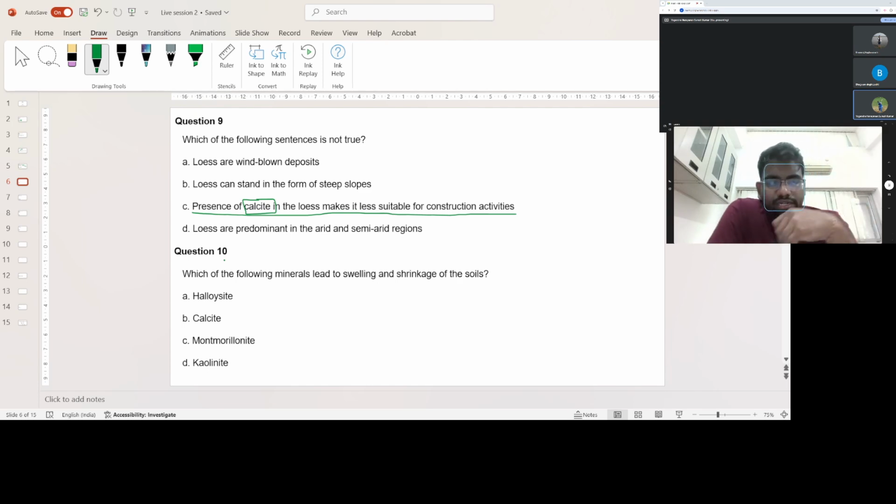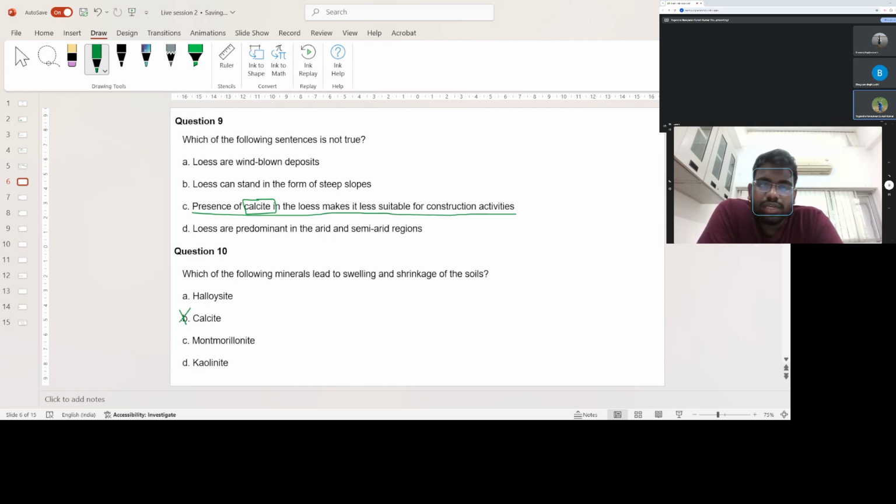Montmorillonite is a clay mineral, right? So are halloysite and kaolinite. Calcite is a no-brainer. We can remove that option. It does not cause any swelling and shrinkage.